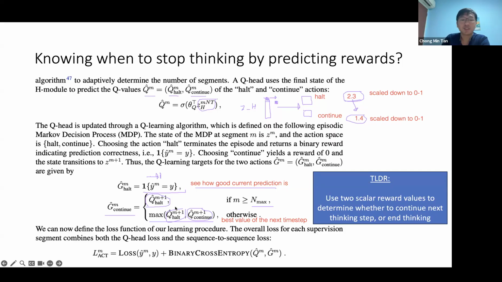Because if you keep continuing, your max over here looks like it will still be the same. Unless of course you overthink things and your final correctness becomes worse, then you should stop here. But if your accuracy increases all the time like that, there's no reason to stop. So essentially you will just stop only at the end of your n max.